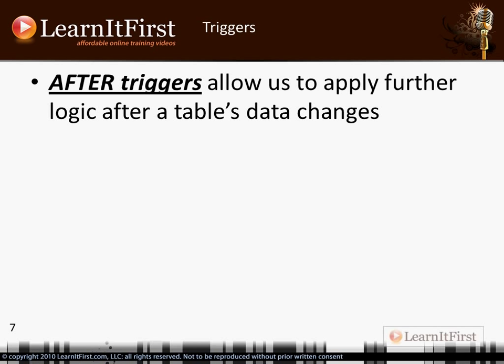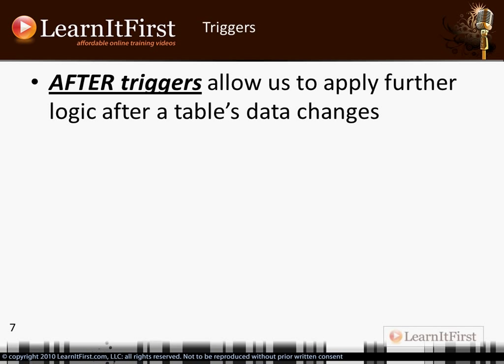So let's talk about the after and the instead of. Let's do the after trigger here. An after trigger, the whole purpose of it, allows us to apply further processing, further logic after the table's data has changed. So again, the timing of this: user makes an update statement, table is changed, the after trigger fires, the transaction is then complete.